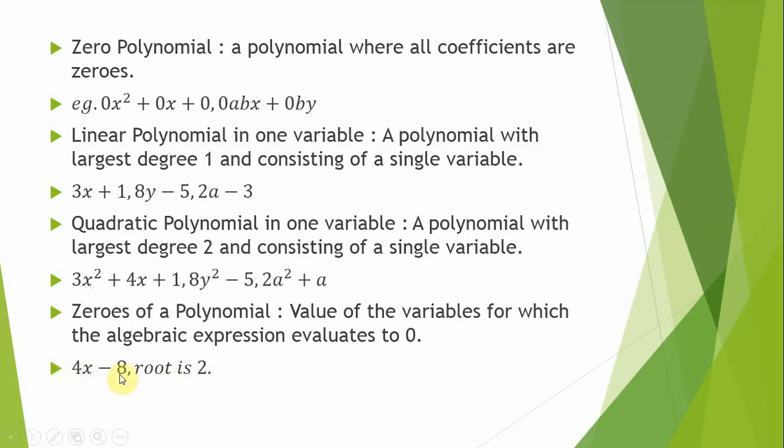So 4x minus 8 is the algebraic expression and the root is 2. This means if I replace x with 2, I get a value of 0. So 4 into 2 minus 8. So this gives us 8 minus 8, which is 0. So the root for this expression is 2.